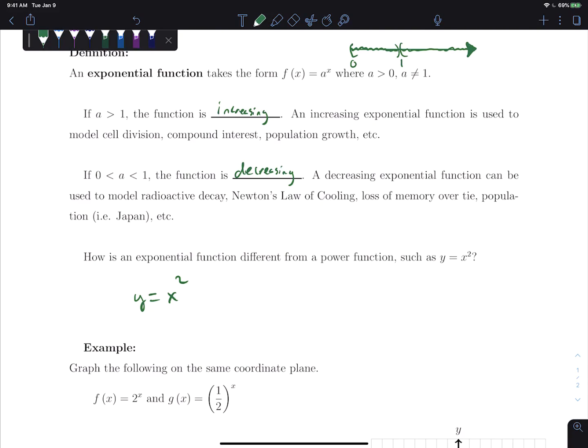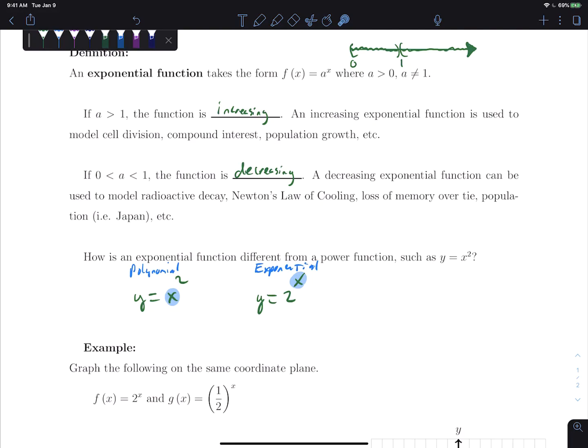What about the exponential function, 2 to the x? Well, look at the exponent. The base is the variable for the polynomial. For the exponential, the variable is in the exponent, which is the reason we call this an exponential function.